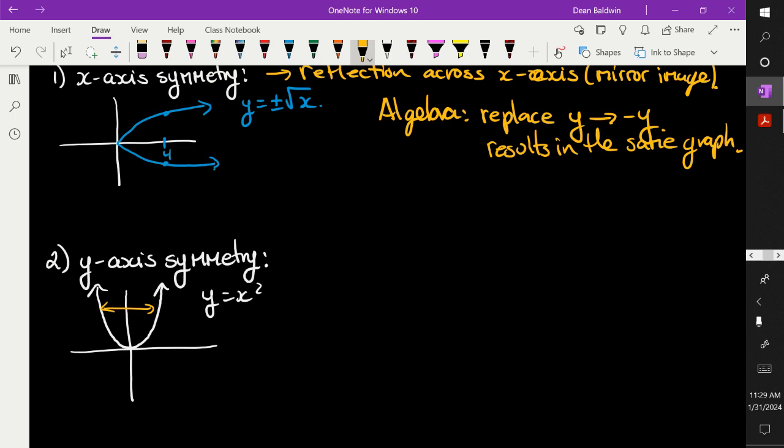So replace the x's with negative x's, which results in the same equation or graph.